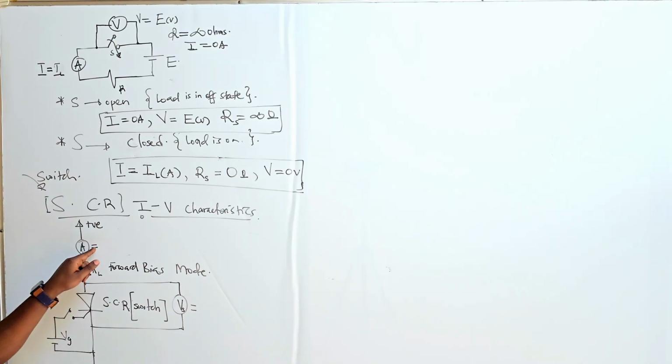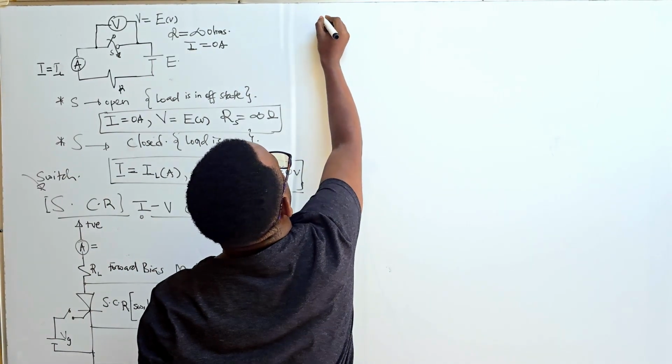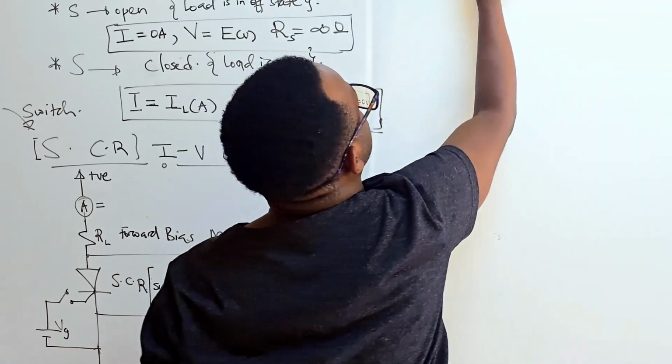So look at the current IL, or the anode-cathode current, or load current through the thyristor, versus the voltage. And we get to plot this IV characteristic.